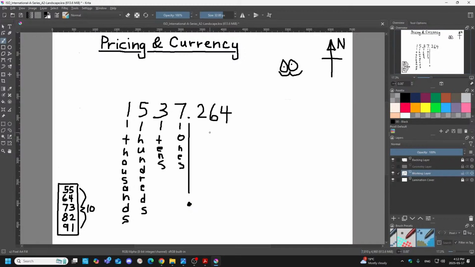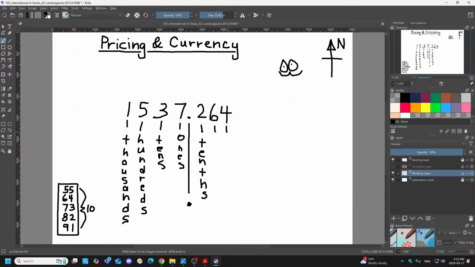To the right of the decimal, there's no such thing as "ones-ths." It's not even a word, and it's a little bit tricky to even say. But the first digit is the tenths place. Basically, it's the same thing, except instead of saying tens, it's tenths with a TH.